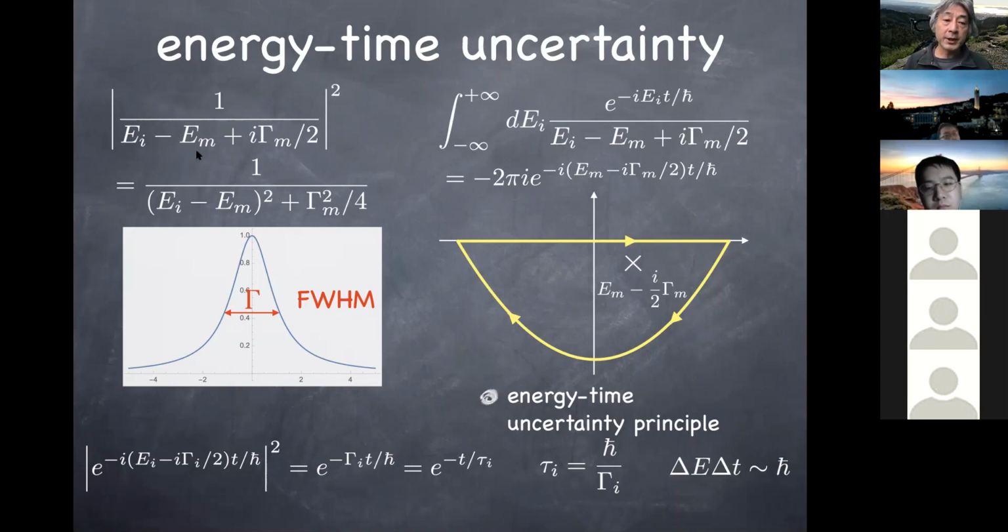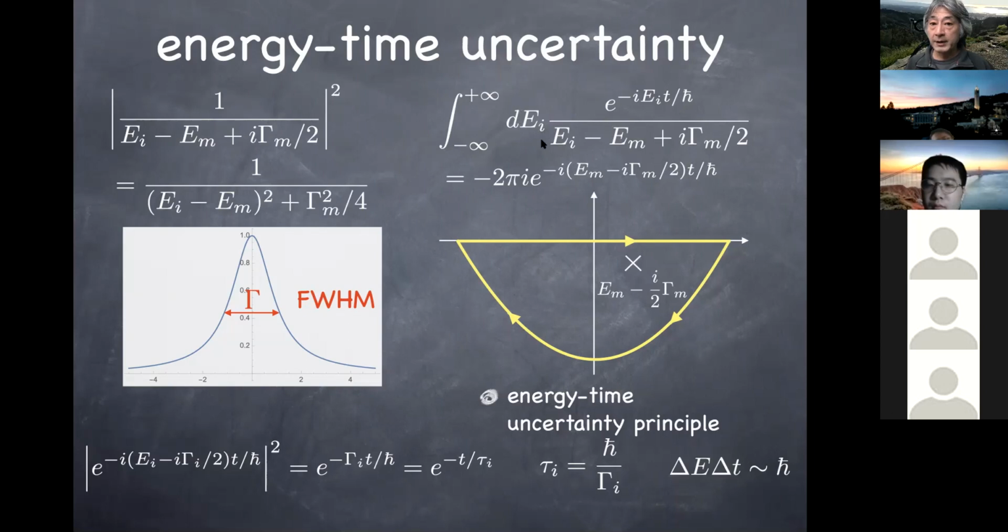So this expression in the cross-section was a function of energy. Now I'm going to a function of time t by doing the Fourier transform. So the idea is that I put this oscillating exponential factor as a function of the energy of the photon you're sending in, and you integrate over the energy. And this integral is again another example of this Cauchy integral.